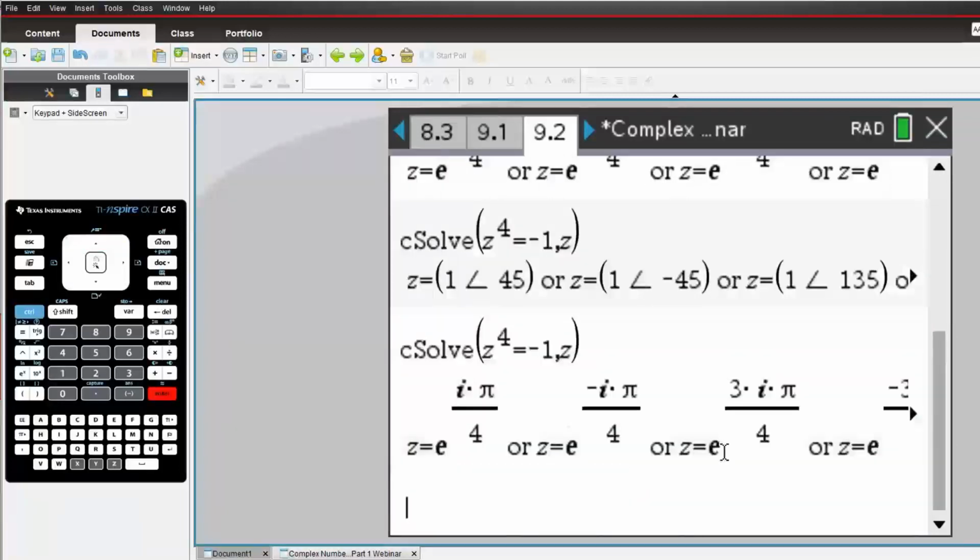And then we just get the answer. So you could see here the difference between being in degrees and radians. Degrees, it will give you the answers in degrees, but for complex numbers, of course, we require to have the answers in radians.